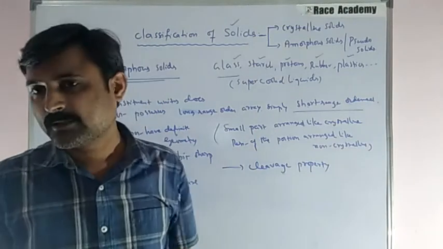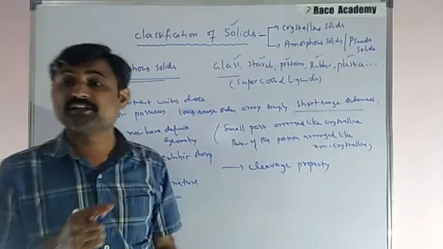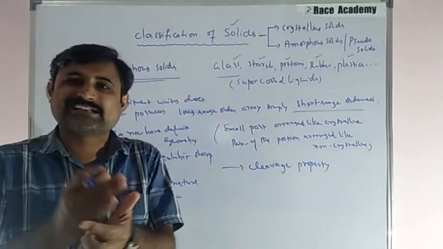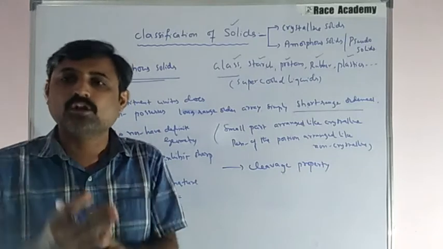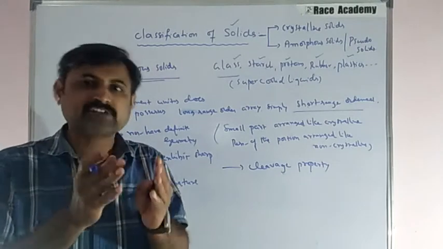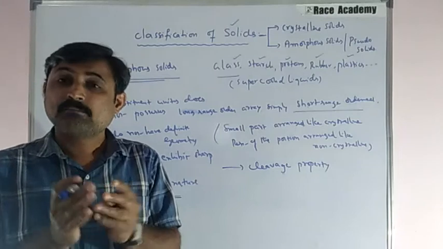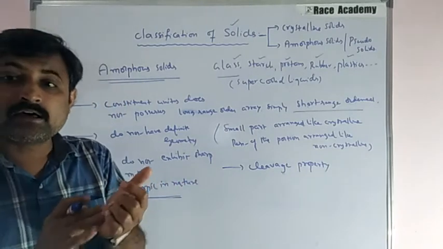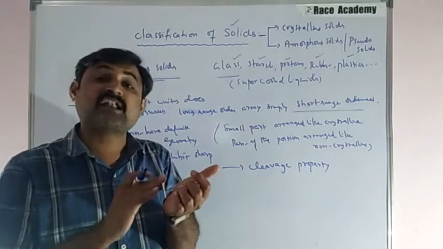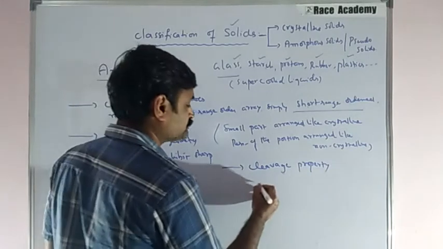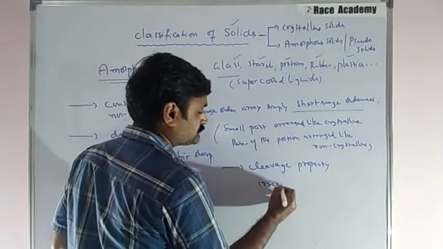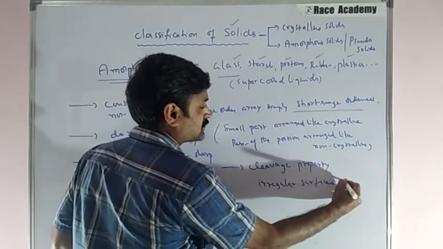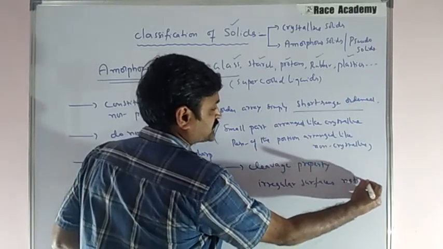But in the case of amorphous solids, when cut with a sharp-edged tool, it also gives two pieces, but the surface is not smooth or planar. That means irregular surfaces are noticed.